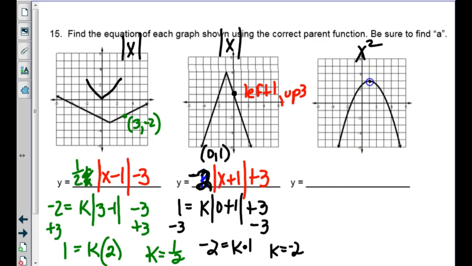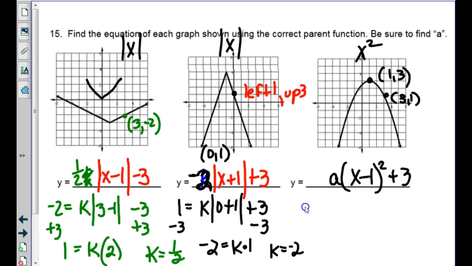All right, where's the vertex on this one? Okay, so what does that look like? Okay, the stretch is out here. How about 3, 1? Does it look like it goes through that point?